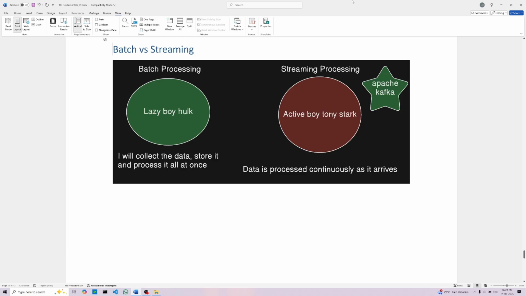So within the whole day, whenever the data is coming, he will process it at that very same time. That is an example of streaming processing. And Apache Kafka is a tool which is used for streaming processing. We'll learn it in depth later. As of now, just remember it like this: Apache Kafka is a tool for streaming processing.